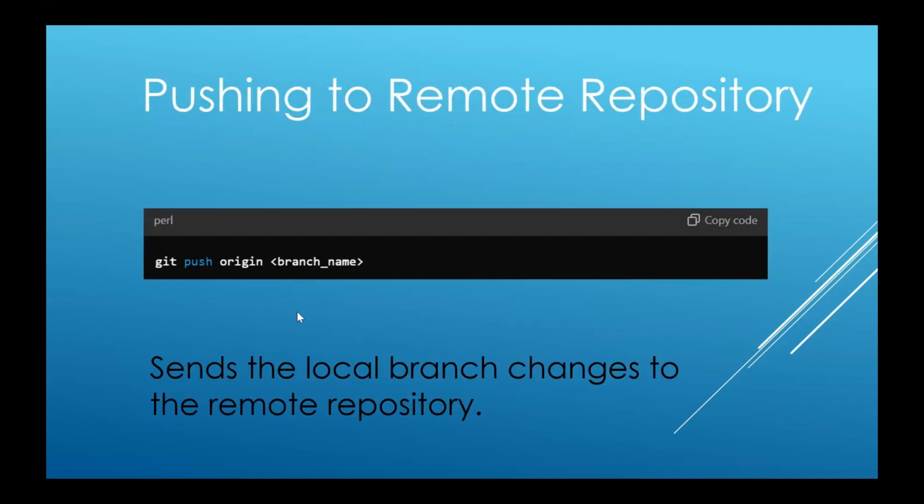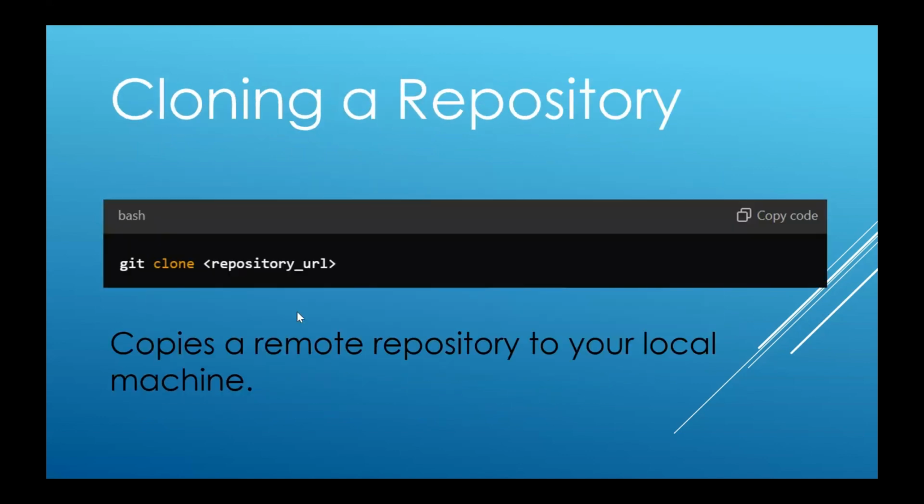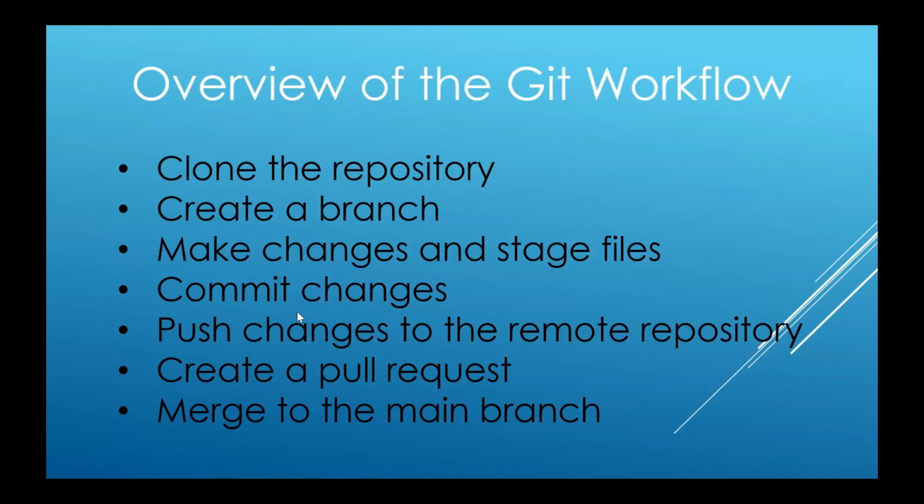So basically we discussed the Git workflow, from cloning the repository to creating the branch, making the changes and staging all the files in that particular branch, and committing the changes in that branch. Once the commit is done, finally push the changes to the remote repository.